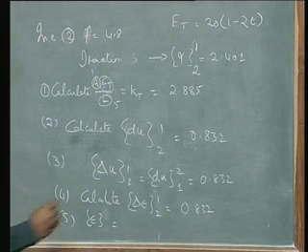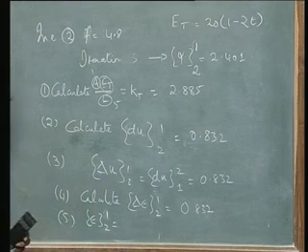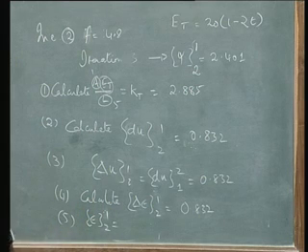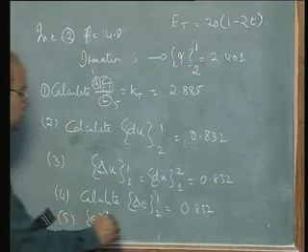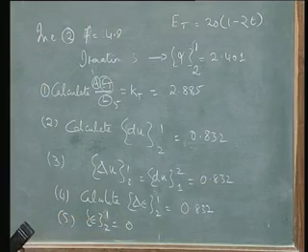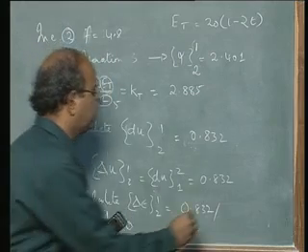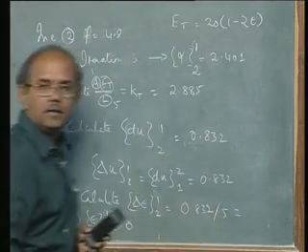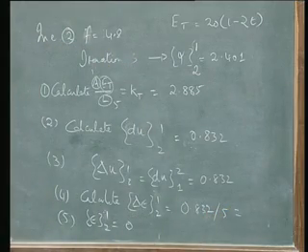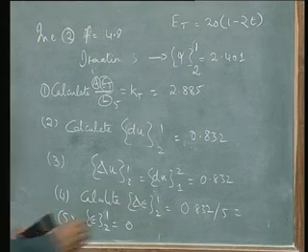So what was my previous quantity? Delta epsilon, this is divided by 5, and that happens to be 0.167.